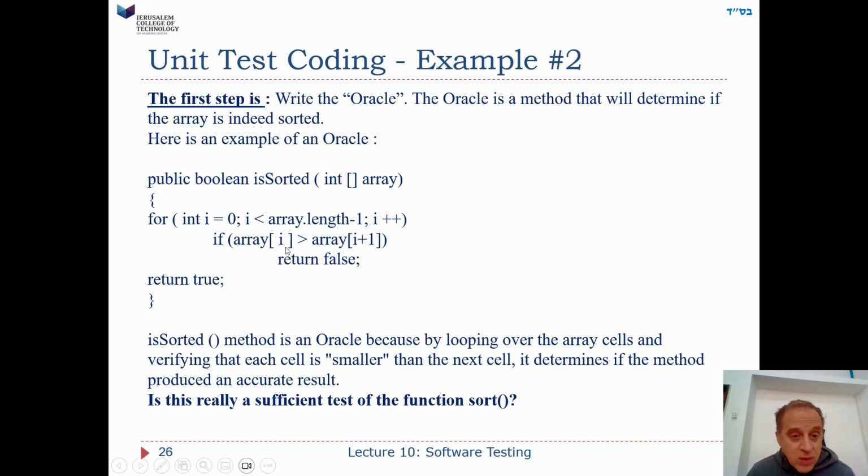If we went through all the numbers and never found a single one where the following number was smaller, then it is sorted. By the way, this would work for an array of length 1, because the loop would never run at all and would return true. What about a length of 0? Also would return true.